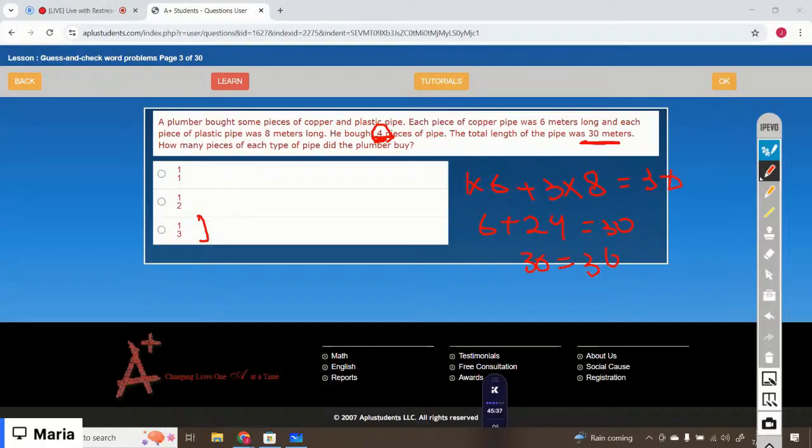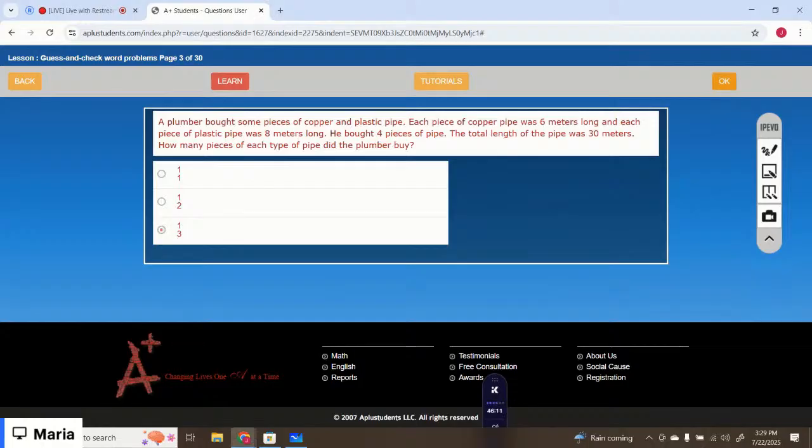They are 1 and 3. The correct option is 1 and 3.